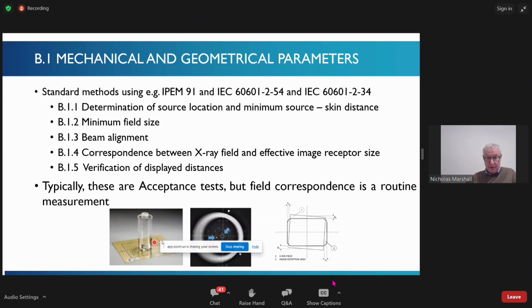This is done as an acceptance test and also done routinely, because this can go out of tolerance, and you can ask the engineer to reset it or correct it over the lifetime of the equipment. It will change a bit. And then there's verification of displayed distances, which involves measuring with a tape measure. So quite simple tests. Yes.